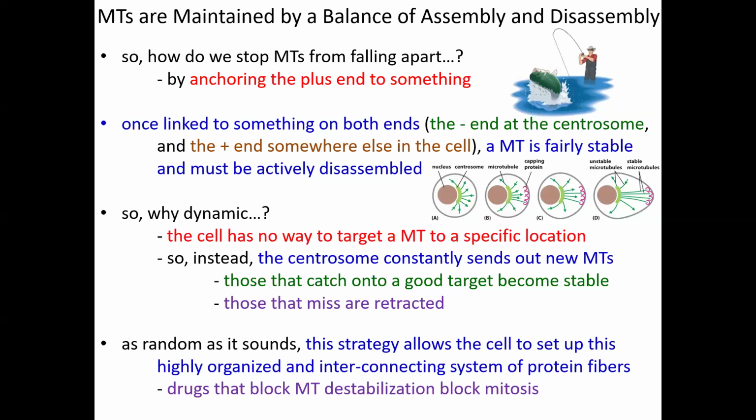This will come up next week, but keep in mind that this is great that we have all of these roadways and highways and railroad tracks for protein transport. But once the cell enters mitosis, we have to break all of those microtubules down into their individual tubulin dimers and then reassemble the microtubules into spindle fibers for chromatid separation.